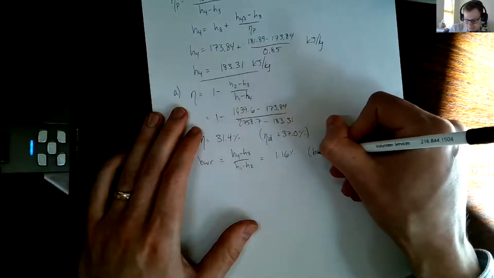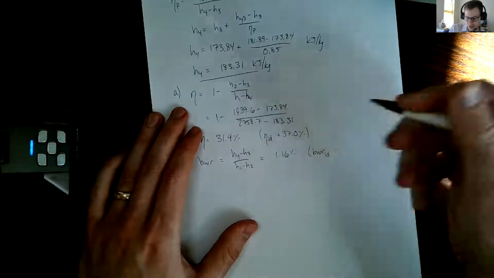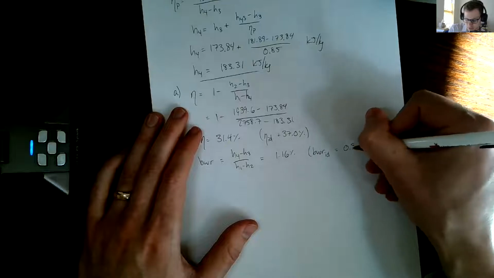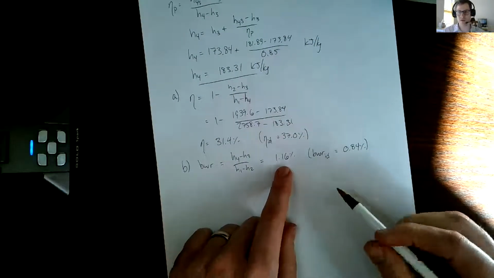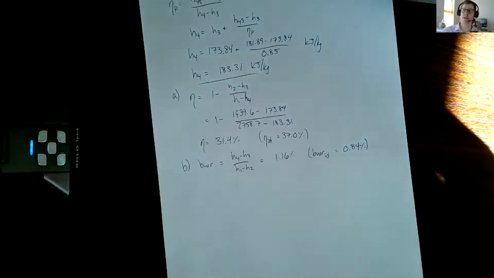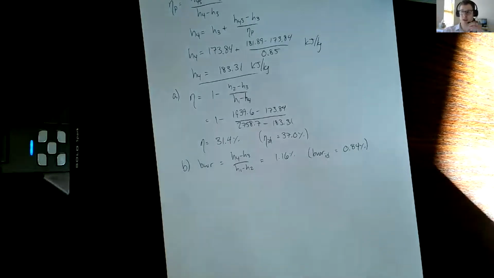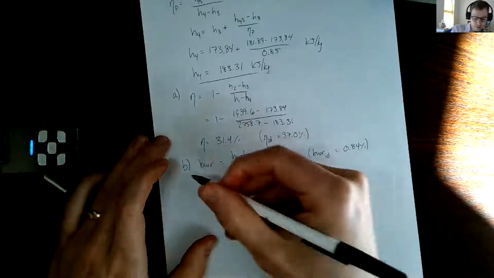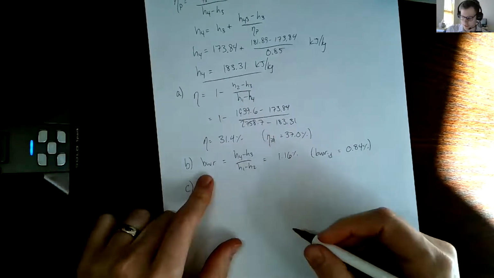And the back work ratio for the ideal cycle was 0.84%. So the back work ratio has gone up, which means the ratio of the power that we have to put into the pump compared to the power we get out of the turbine has gone up. Usually you want this to be small. So the isentropic efficiencies are hurting this as well.